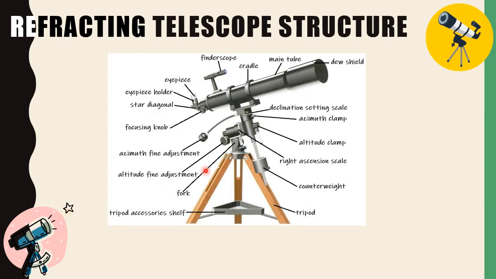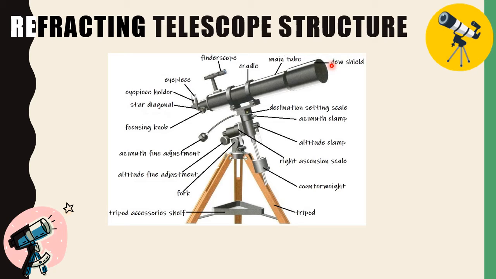Here on this slide, there is a refracting telescope. The structure is marked in detail here. We do not require all that, but I want you as students to know the basic parts of a telescope. The refracting telescope has two convex lenses, one is the objective which is facing the object.